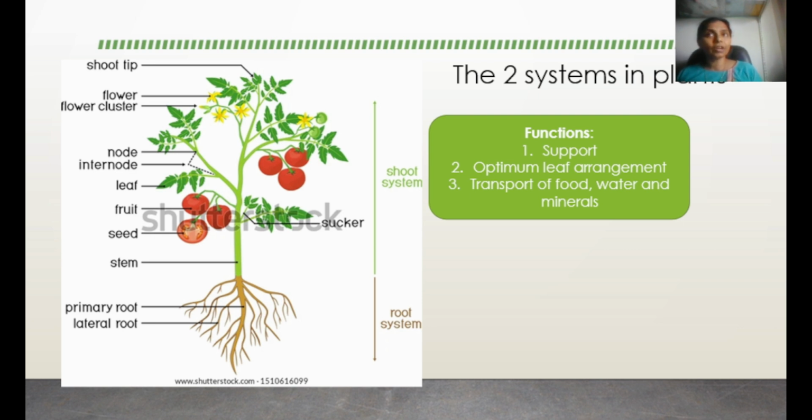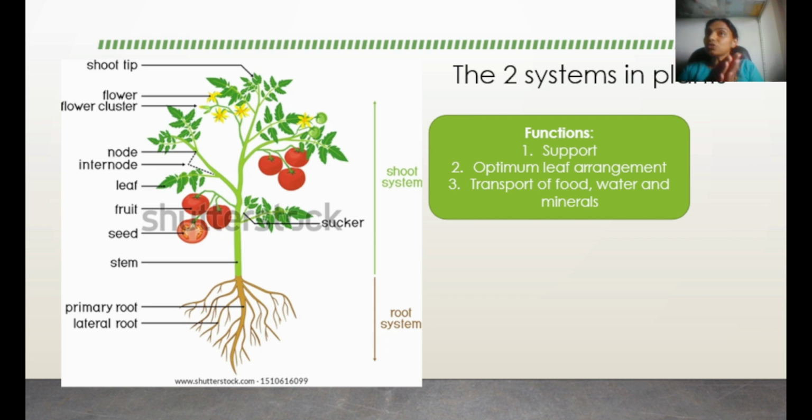Now, why is the leaf arrangement important? Because if a plant is not going to arrange its leaves sensibly, and the leaves are one on top of the other, you all know that the function of the leaf is to photosynthesize, and for that the leaves need to be exposed to sunlight.